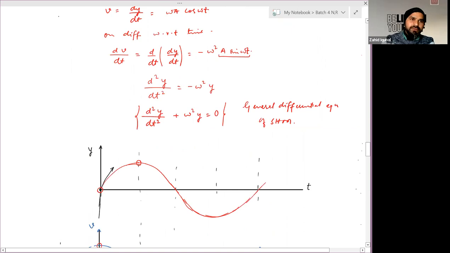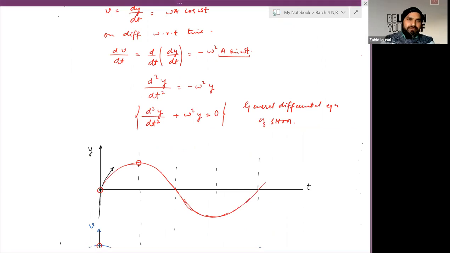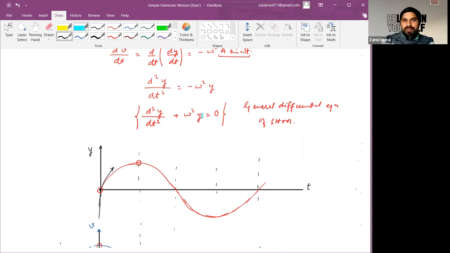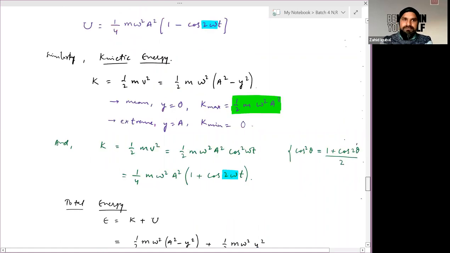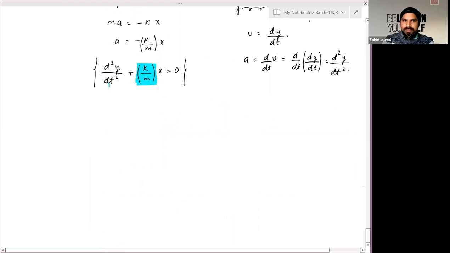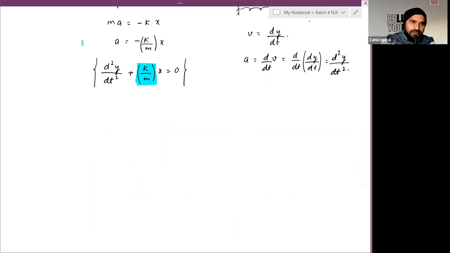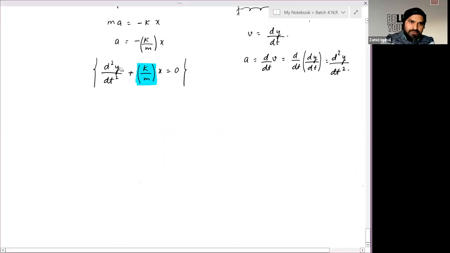This was the general differential equation of SHM. If you compare these two, the coefficient of y, which is displacement, is omega square. So the first is the double differentiation of displacement with respect to time plus omega square times y equals 0. And from this equation, which is similar, the double differentiation of displacement with respect to time plus k by m times x equals 0.